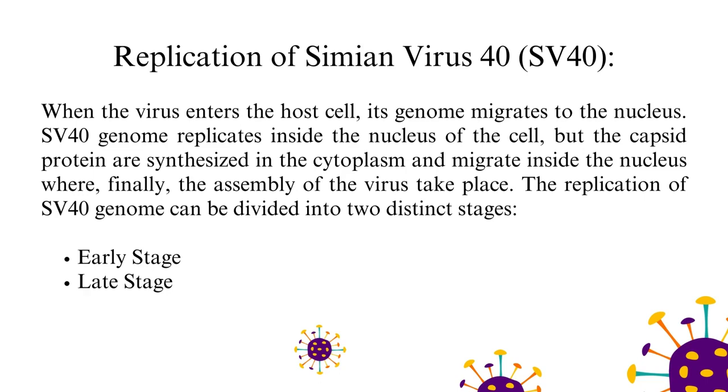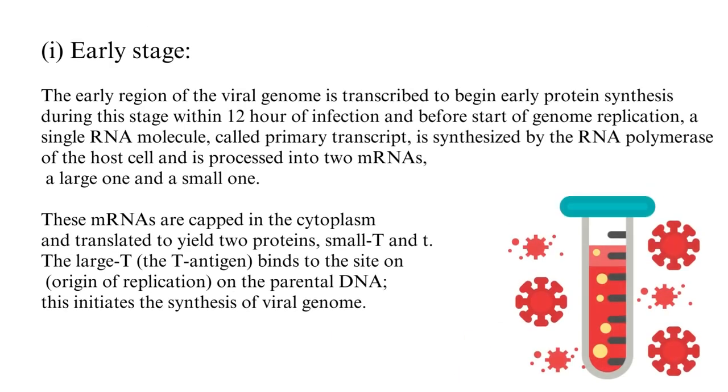The replication of the SV40 genome can be divided into 2 distinct stages, early and late. Early stage. The early region of the viral genome is transcribed to begin early protein synthesis. During this stage, within 12 hours of infection and before the start of genome replication, a single RNA molecule, called the primary transcript, is synthesized by the RNA polymerase of the host cell and is processed into 2 mRNAs, a large one and a small one.